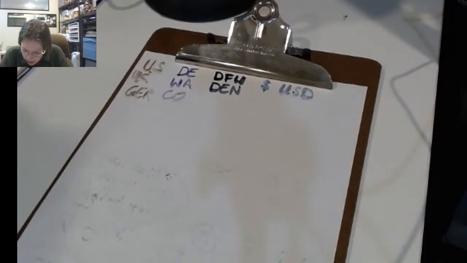Now, you may notice that there are a lot of things that could have abbreviations, things like states and countries, airports, monies, you could have cities, provinces.